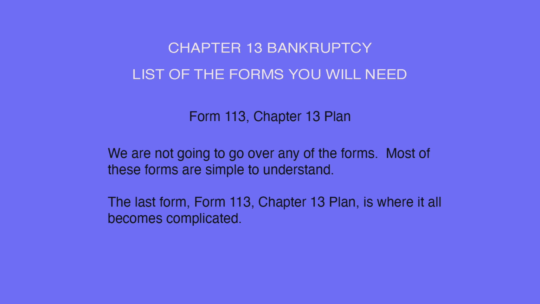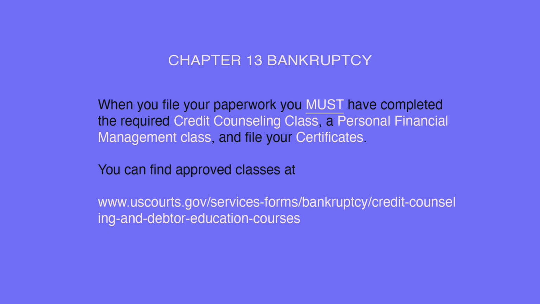Most of these forms are simple to understand. The last form, Form 113, Chapter 13, Plan, is where it all becomes complicated. When you file your paperwork, you must have completed the required credit counseling class and personal financial management class, and file your certificates of completion.